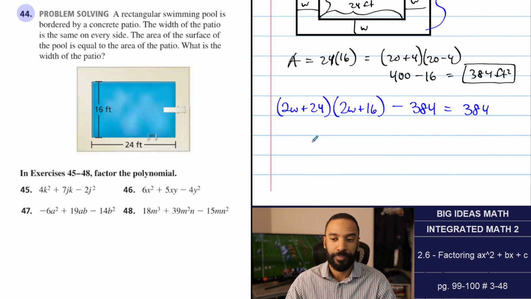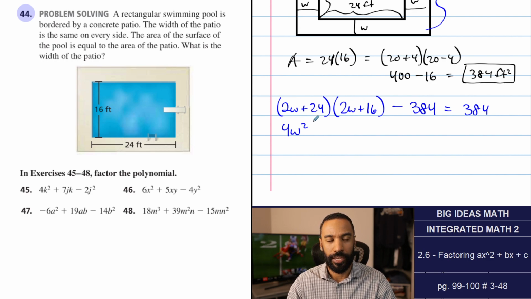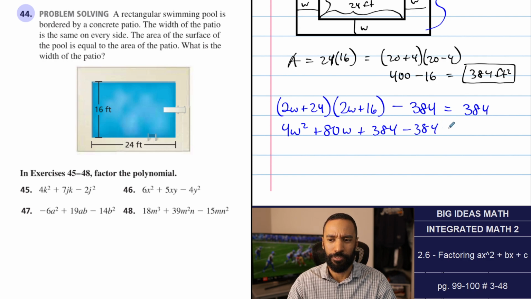Now, that part's important. I'm going to FOIL this out, and I get 4w squared plus 32w plus 48w, which is 80w. And then 24 times 16, which we found was 384, minus 384 equals 384. Subtract these over, boom, those are gone.